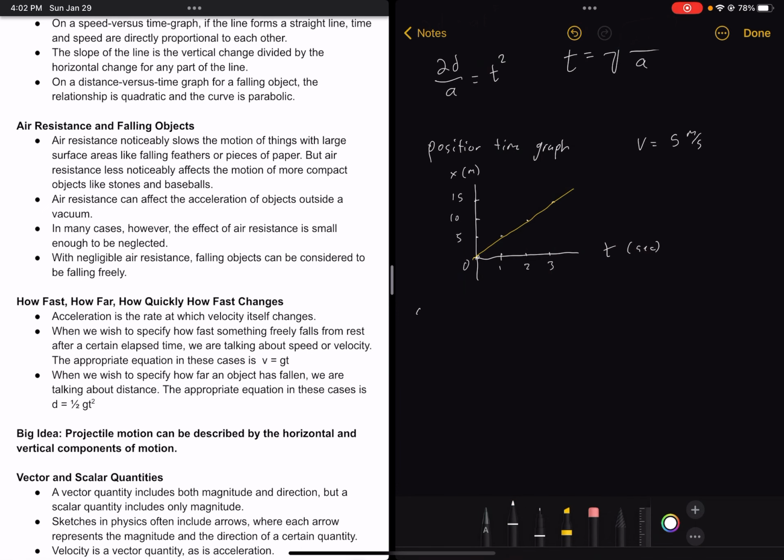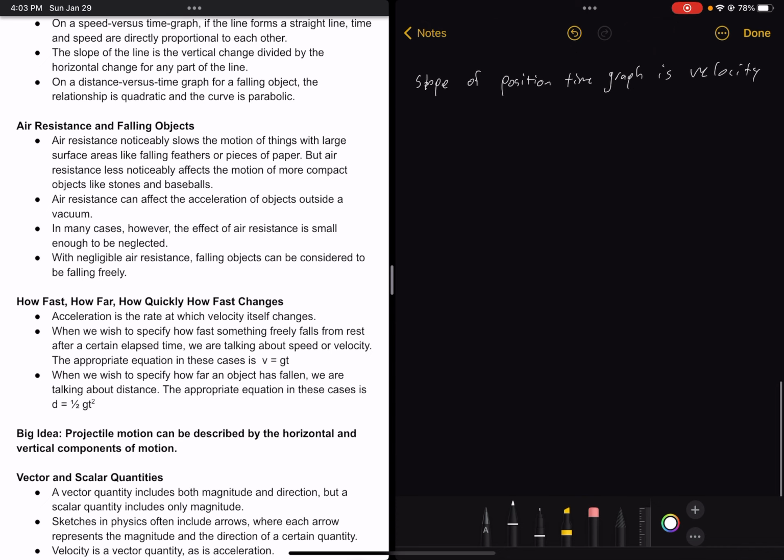The slope of a position time graph is velocity, right? Or a distance time graph, however you want to think of it. On a position time graph the slope's velocity, or on a distance time graph the slope's the speed.